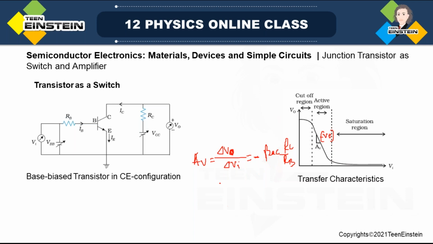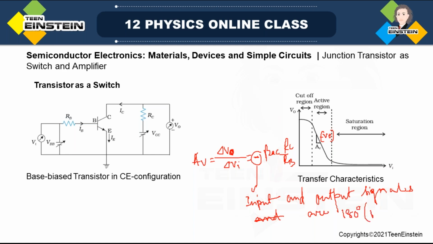And this minus sign is denoting that input and output signals are 180 degrees or pi radian out of phase.